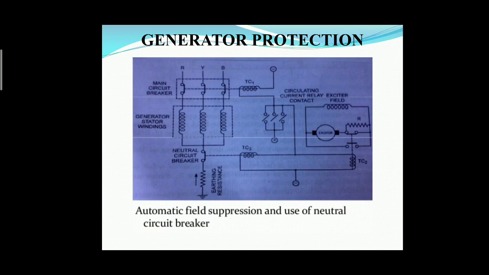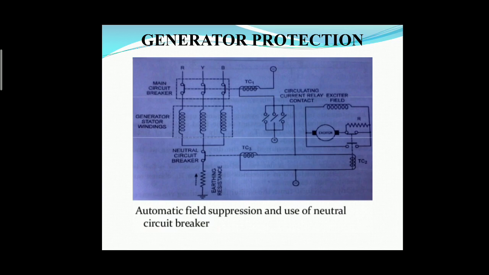The fault in the rotor circuit may be either an earth fault, a between-turn fault, or between the turn poles. The protection schemes for the rotor are rotor earth fault protection, loss of excitation, and protection against rotor overheating because of over excitation.